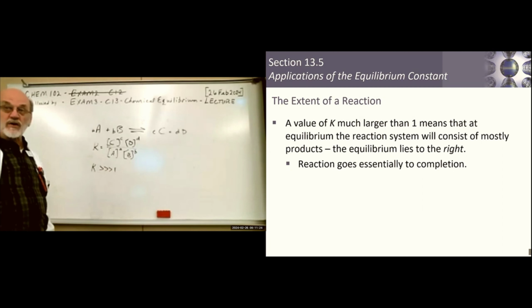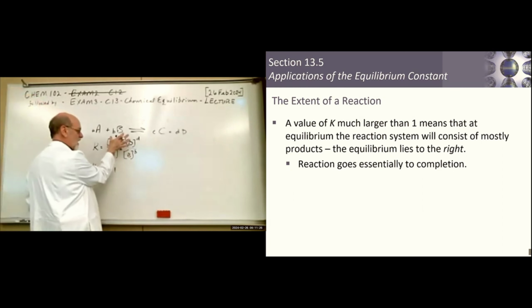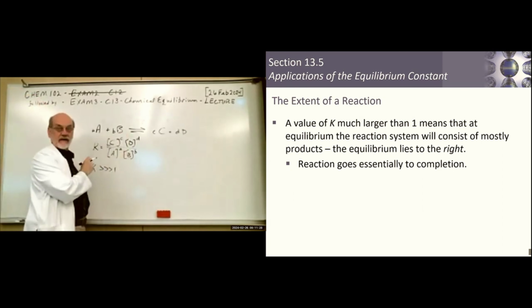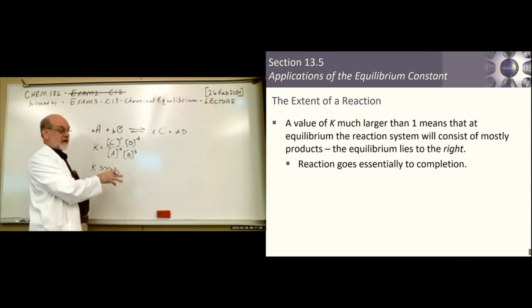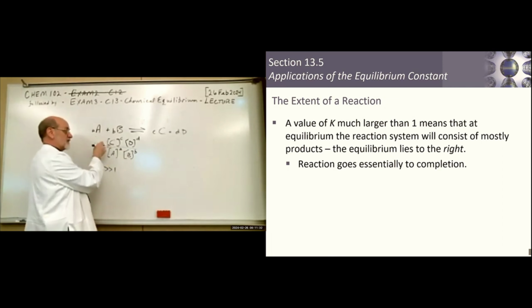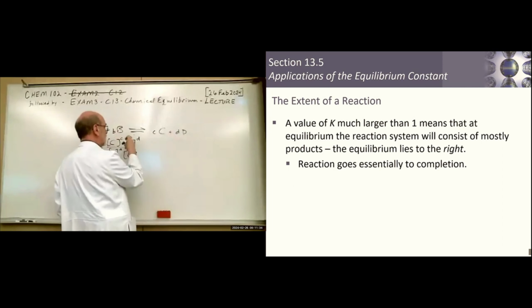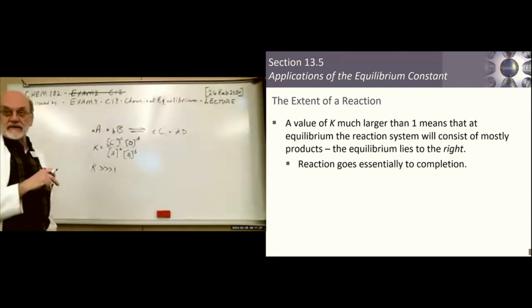If it's very large, that means you've got a lot of this and very little of that, mathematically speaking. And that translates into a lot of product and not very much reactant.